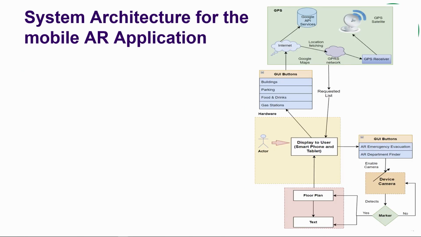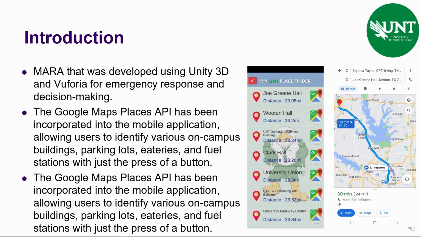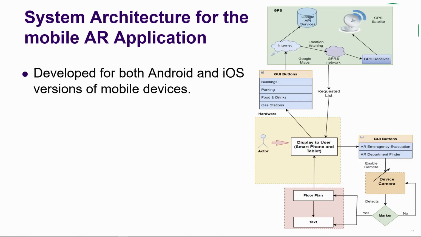We used all those situations to create this module to find the closest buildings or closest eating places, which are defaults in that application. We used the Google Maps API to incorporate those situations.